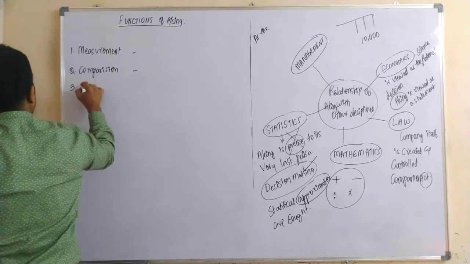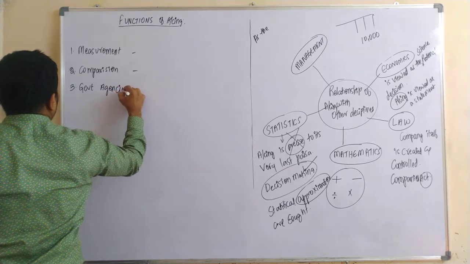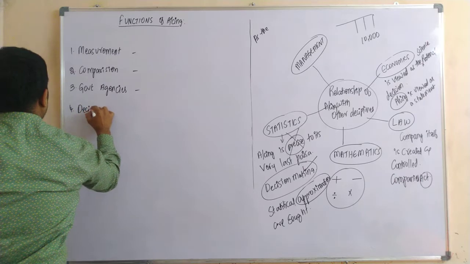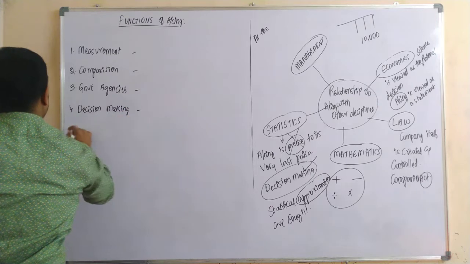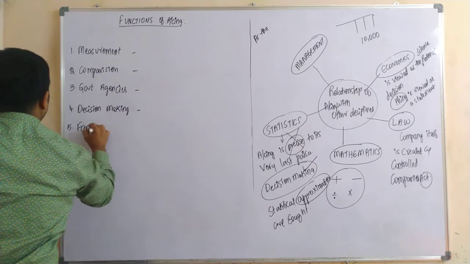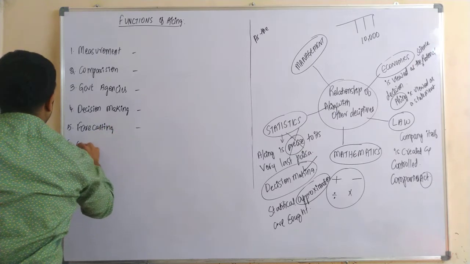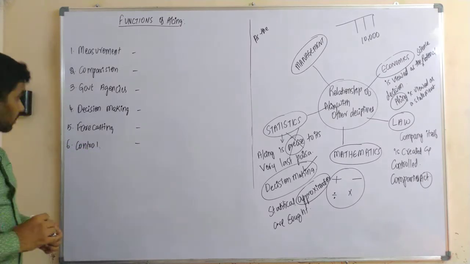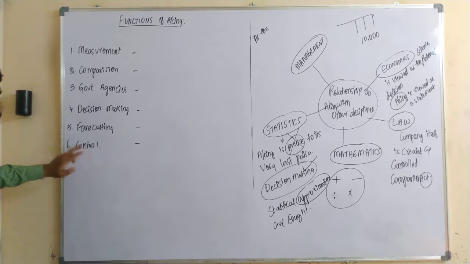Comparison, government agencies, decision making, forecasting, and control. So what are the functions of accounting, sir? Measurement, comparison, government agencies functions, decision making, forecasting, and control.